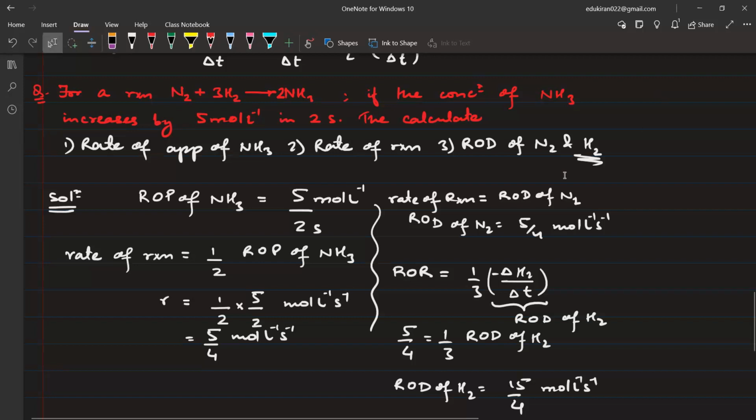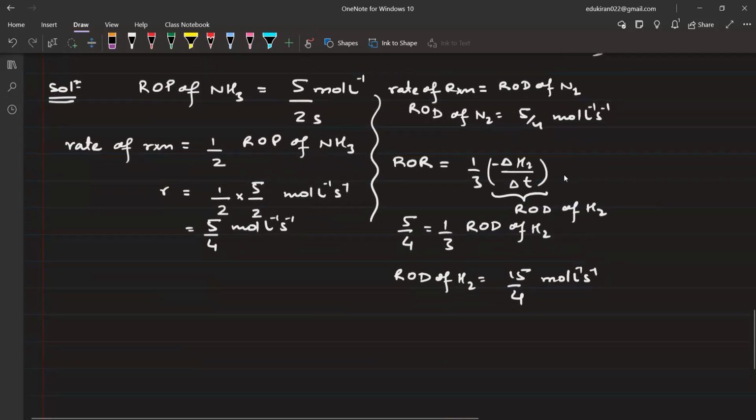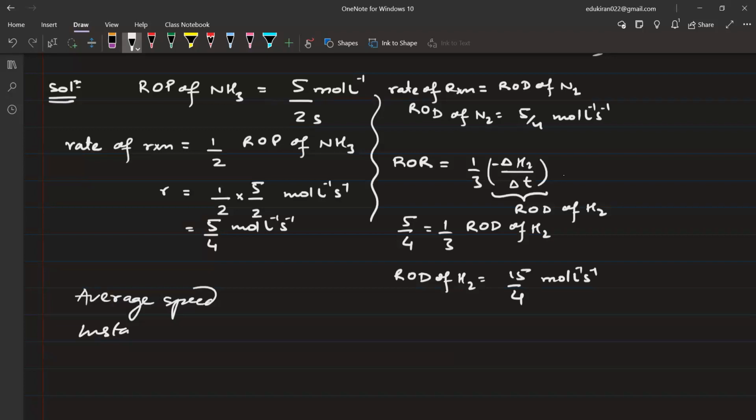Now there is some homework that I'm going to give you from NCERT. You must have heard about average speed, and there is also instantaneous speed. Similarly, we have average rate and instantaneous rate.